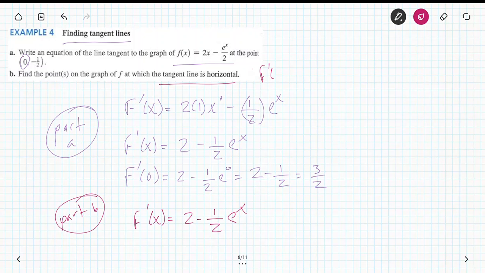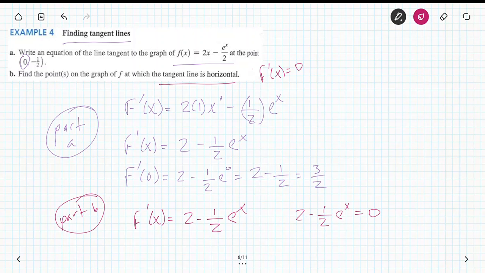So f prime of x at that point is 0 because the slope of the tangent line is 0. So we set this whole expression to 0. We have 2 minus 1/2 e to the x equals 0, and then you solve for that.